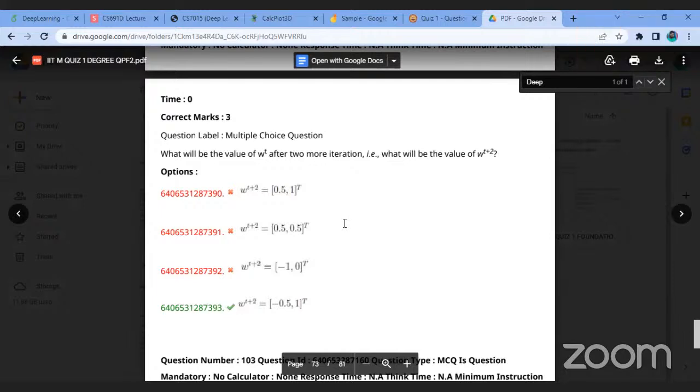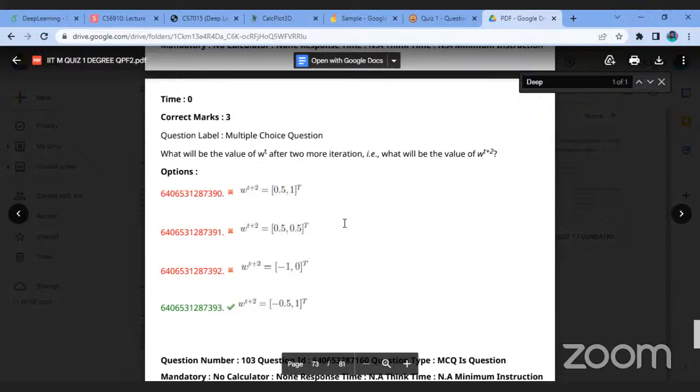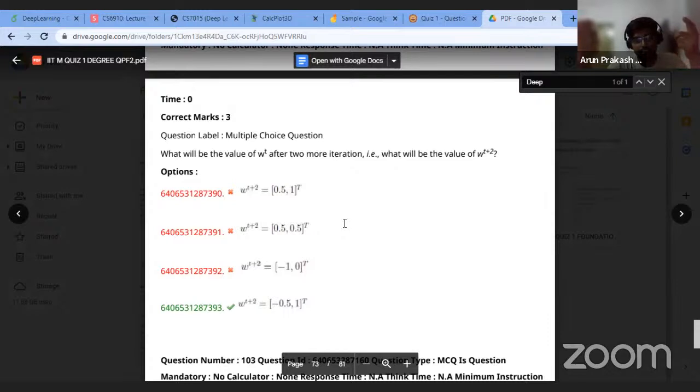But if it misclassifies it, which means it considers the point as negative, while my actual point is positive, then what should I do? I have to update the weight value. Either I have to add this data point or subtract it. What should I do now?